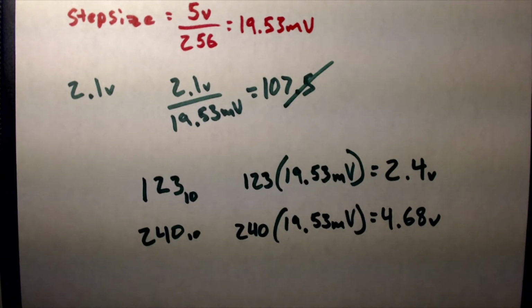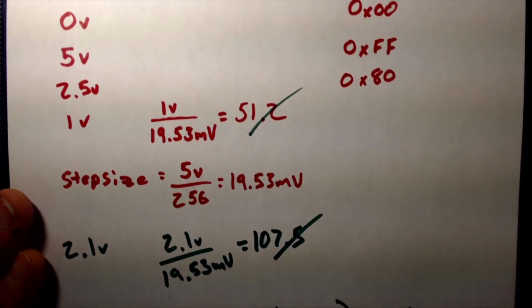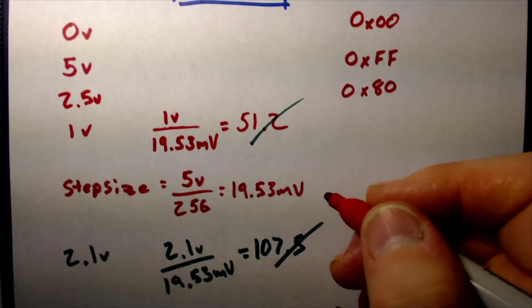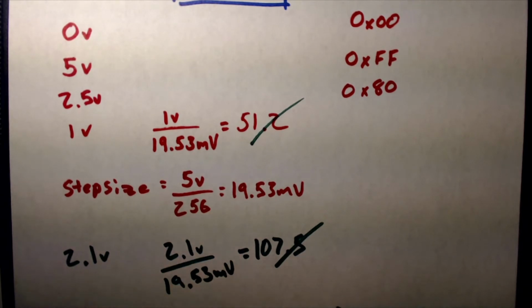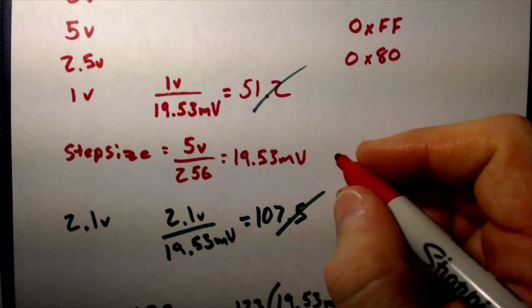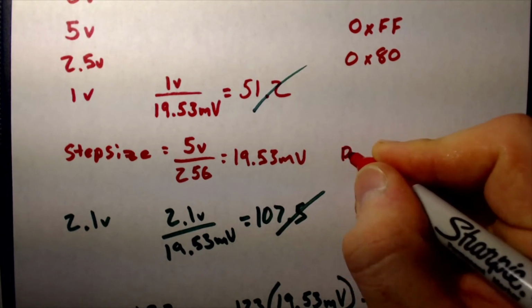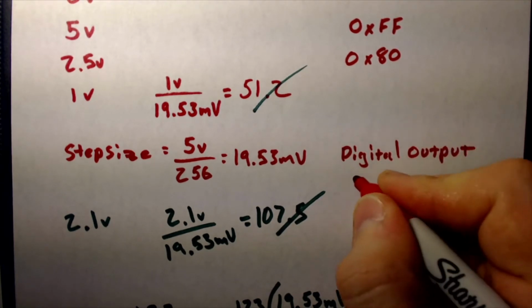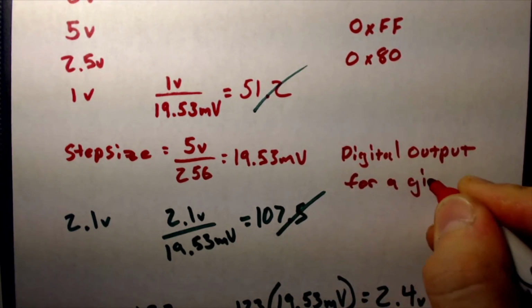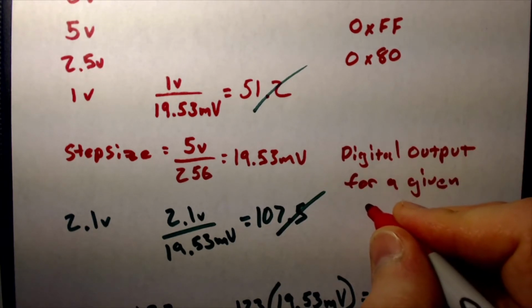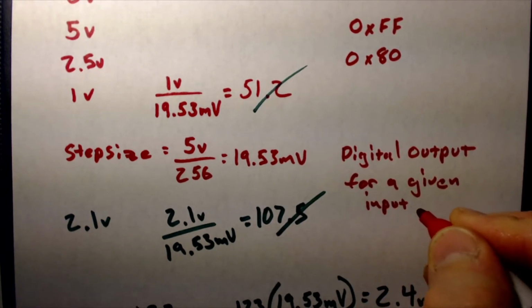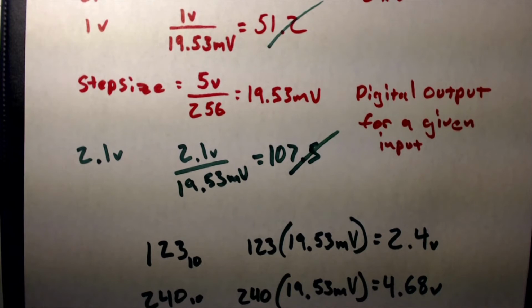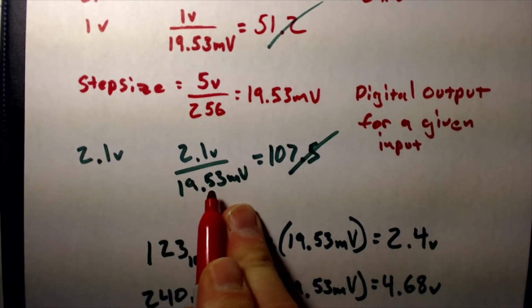Okay, so if you want to know the digital output for a given input, you just divide by your step size.